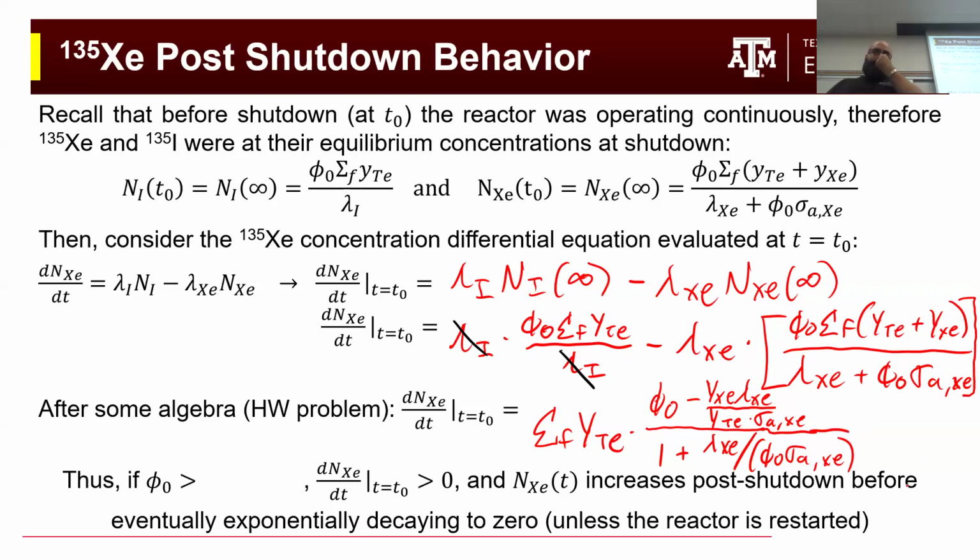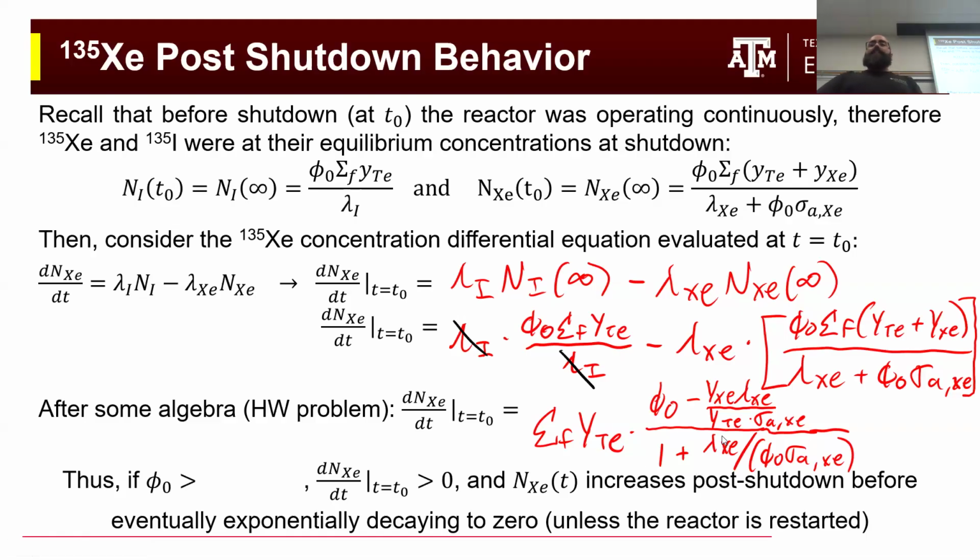So what I'm trying to say is that you can take this expression and do algebra on the right-hand side to get it into this form, and you want it in this form because then we can recognize that this term up front, the cross-section times the yield, is always going to be positive. This denominator is 1 plus quantities that are always positive, so the denominator is also always going to be positive.